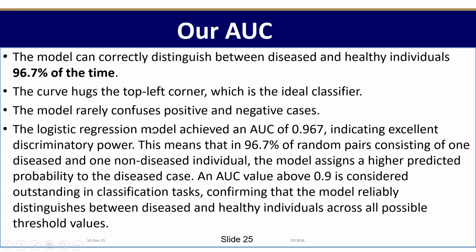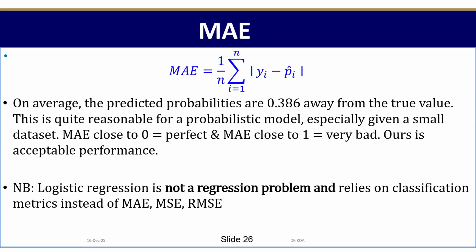Okay. So in English, if you were to write this for your dissertation, you would say that a logistic model achieved an AUC value of 97%, indicating excellent discriminatory power. This means that in 97% of random pairs consisting of one disease and one non-disease individual, the model assigns a higher predicted probability to the disease case.